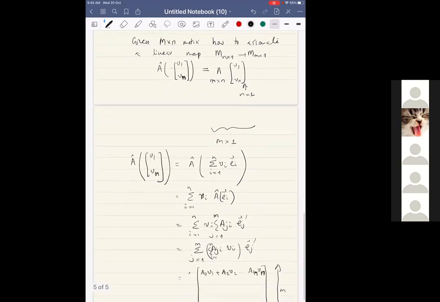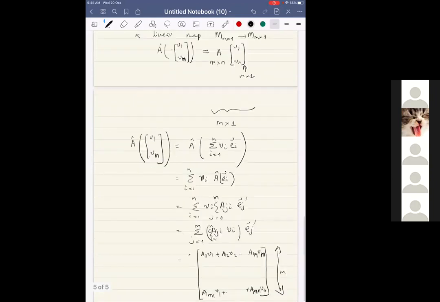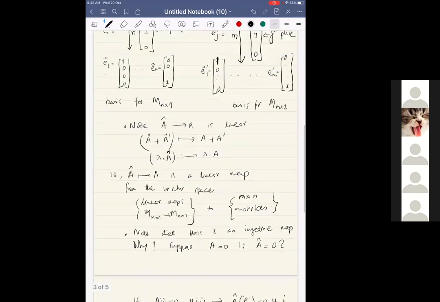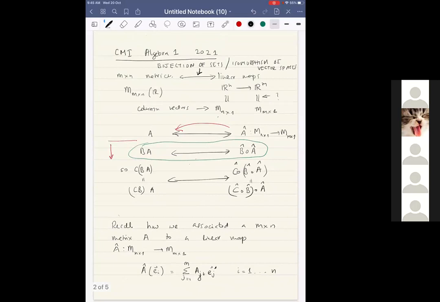Okay. So now let's go back to what was claimed here. Look at this fact, the fact in green.